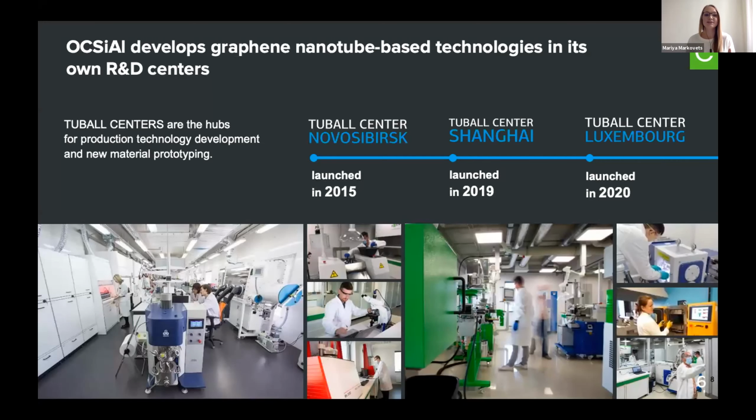Being the leader of the market, OCSiAl also develops their technologies in order to introduce graphene nanotubes in different materials and test the new materials in the prototyping centers. We have 3 R&D centers all over the world: in Russia, Novosibirsk, in China, in Shanghai, and in Europe, in Luxembourg.